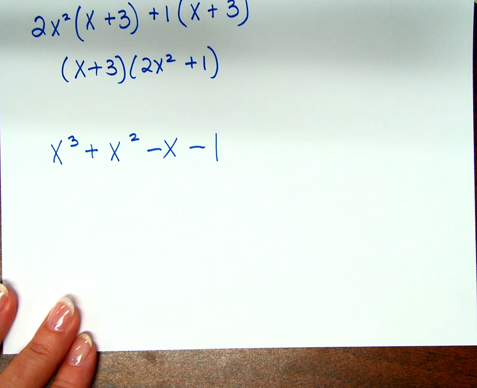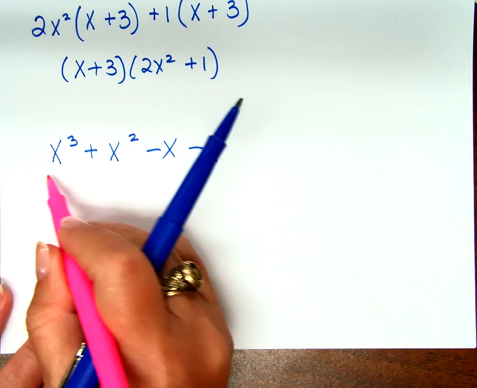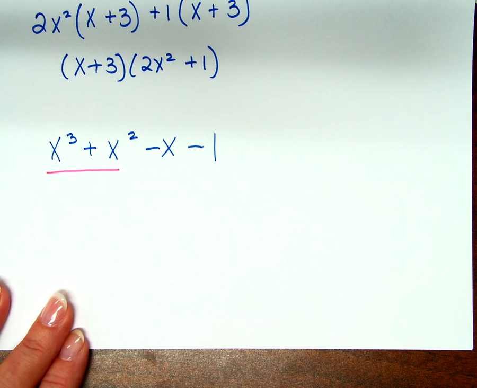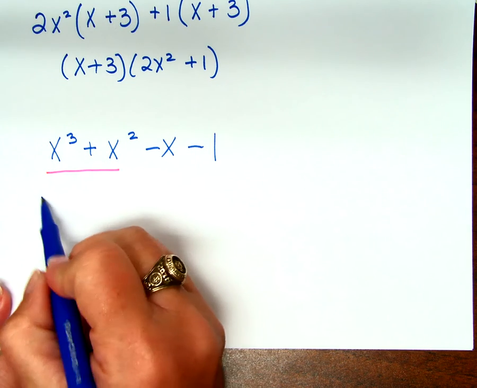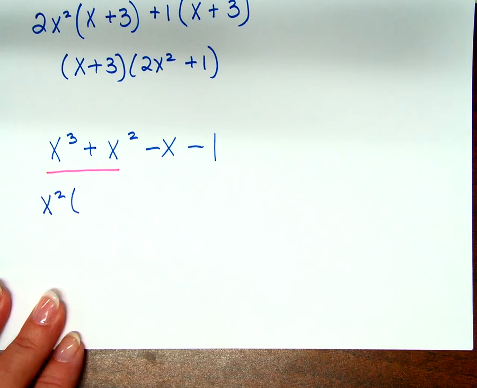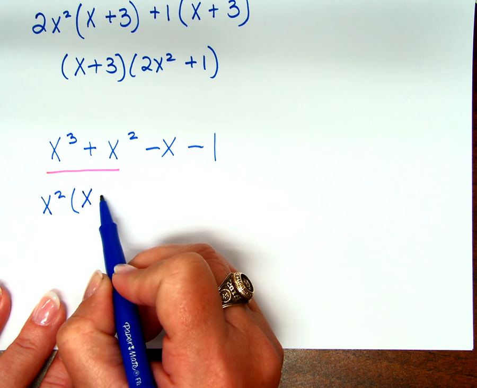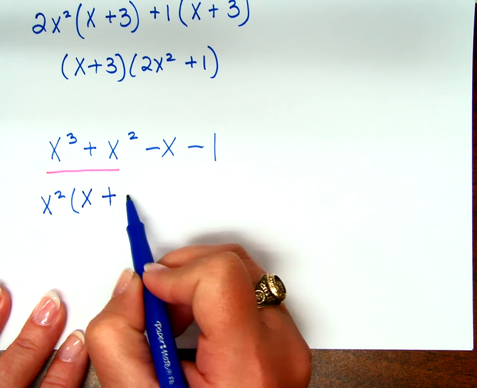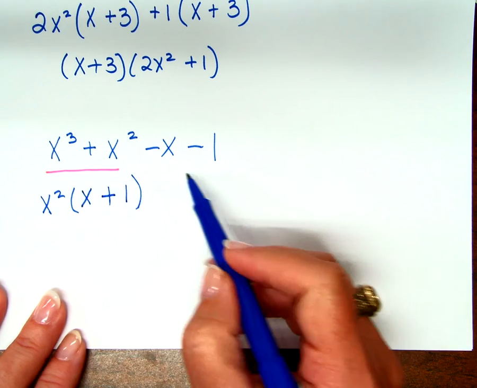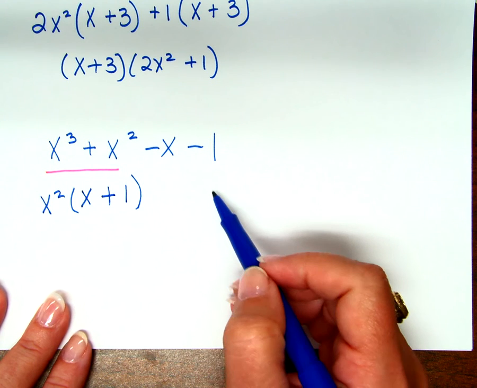When there's 4 terms. Okay? So just look at the first 2 terms. What's common in these first 2 terms? X squared. That's exactly right. If I factor out an x squared, what's left? X plus what? 1.